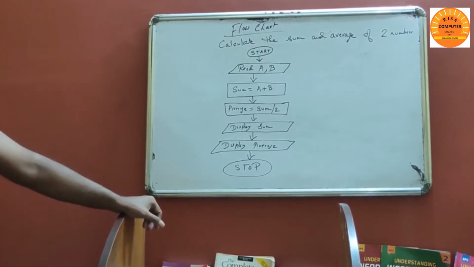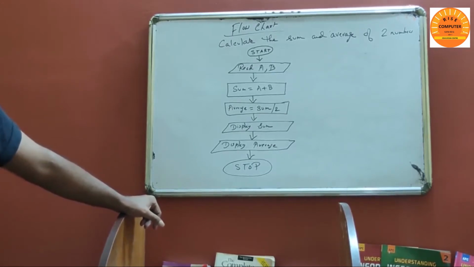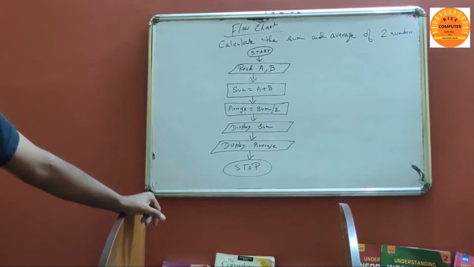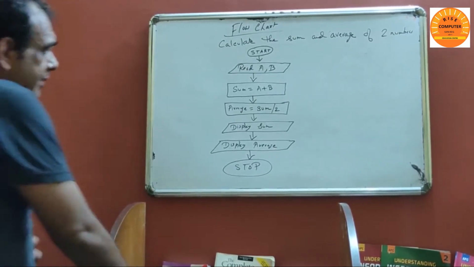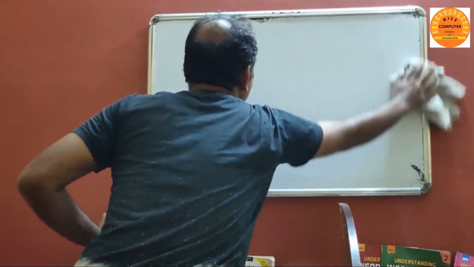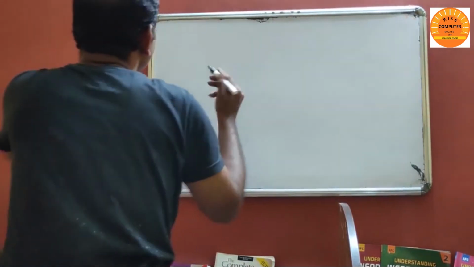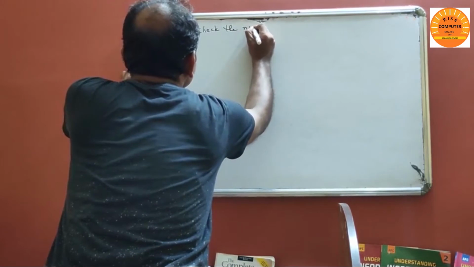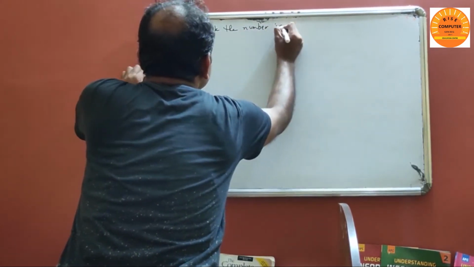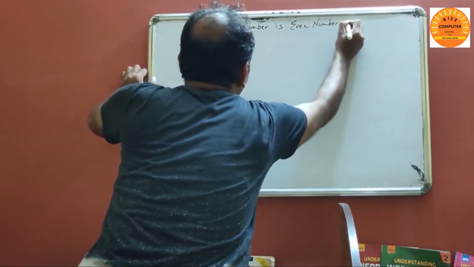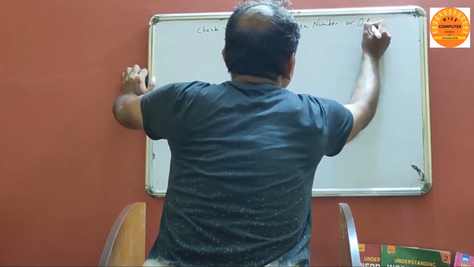Next, when there is some if and else condition, that means some decision making statements appear, then we use the decision box. So take another example. Check the number is even number or odd number.